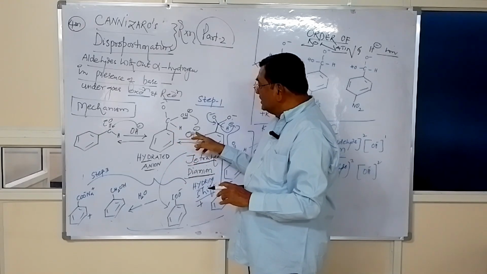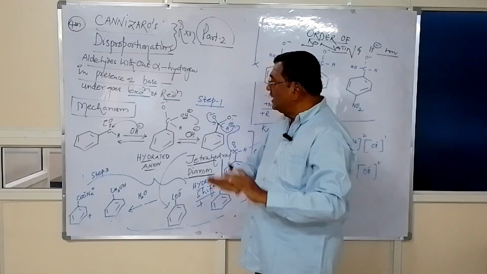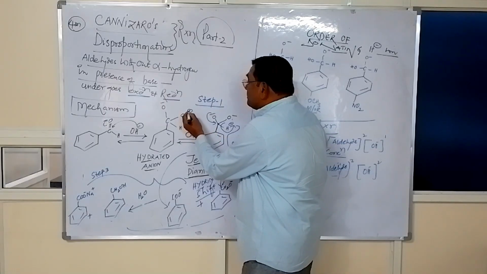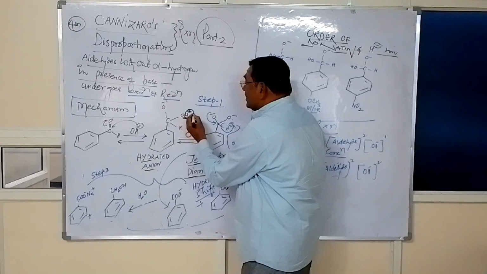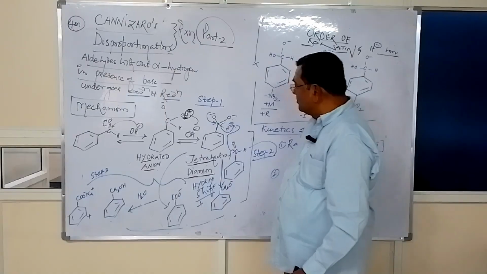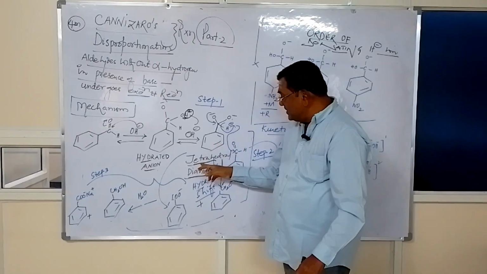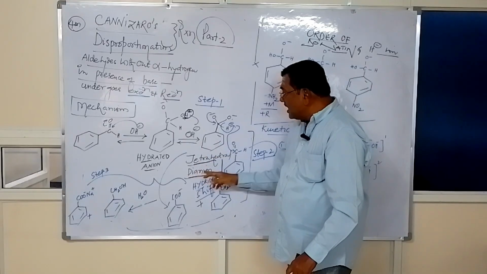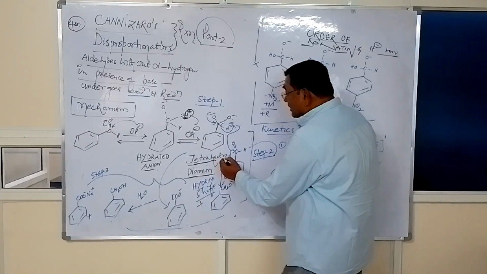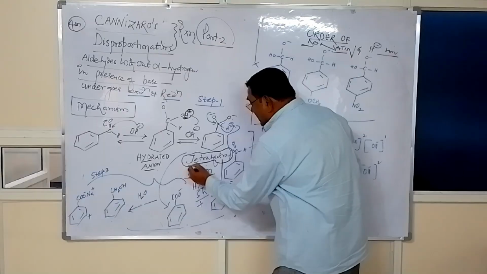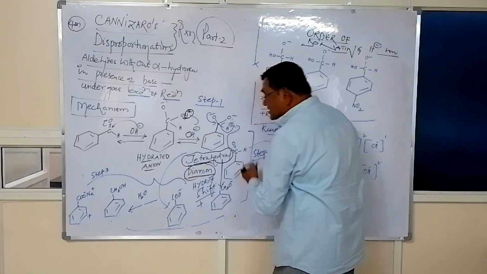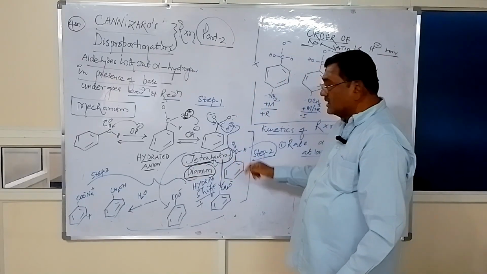After that the base once again interacts and deprotonates the H plus ion from the OH group. Now at this juncture we are getting the tetrahedral dianion. Remember this term, children. Remember this term, tetrahedral dianion.